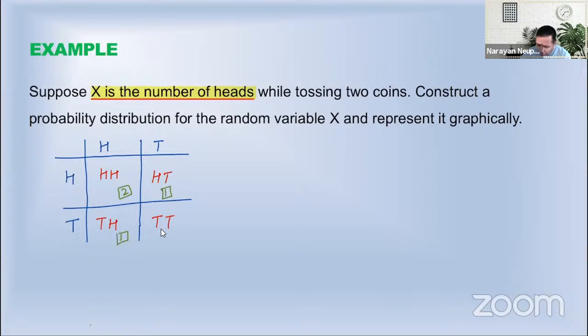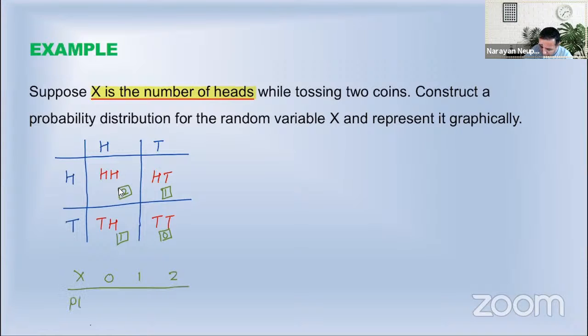And here we have no head, 0. So the number of heads can be 0, 1, or 2. So your random variable X is 0, 1, or 2. That is your random variable.